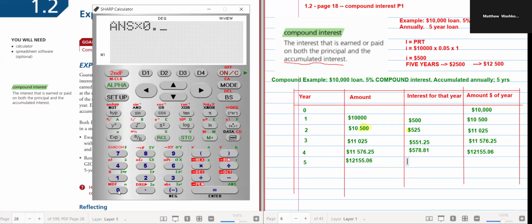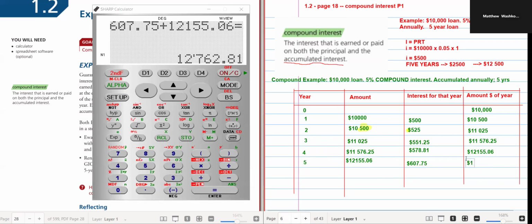Times that 0.05 times 1 year, one final year, $607.75. 607.75 plus 12,155.06. So $12,762.81. Sorry, $12,762.81 is our final answer here.